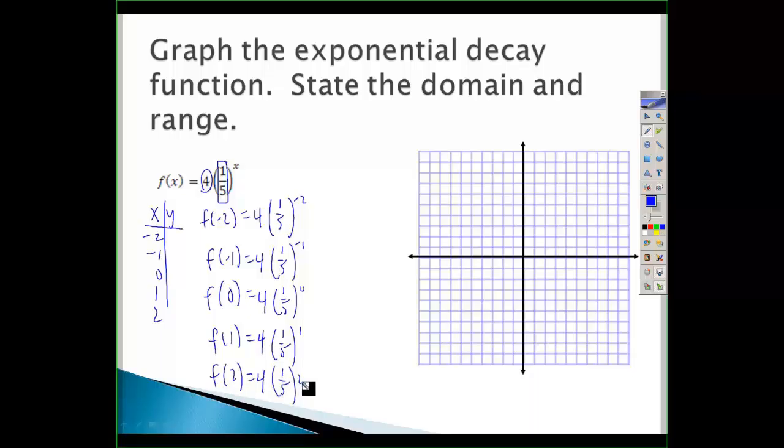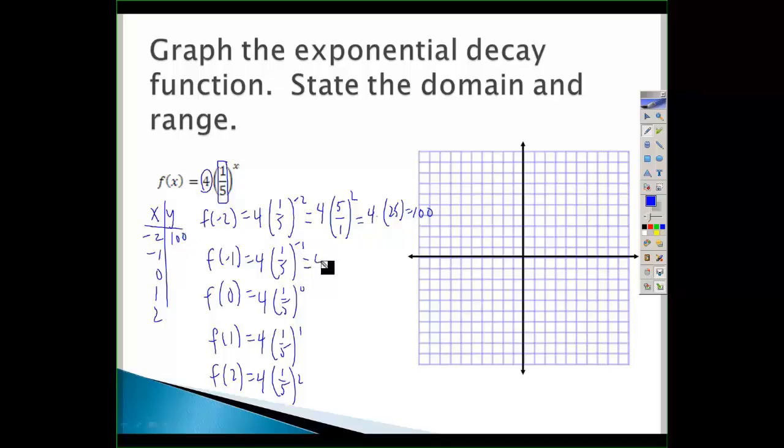And let's just get it done real quick. Okay, remember this negative exponent flips the fraction, so we're going to say 4 times 5 over 1 squared, which is really just 4 times 25, which is 100. Okay, so there's our first value.